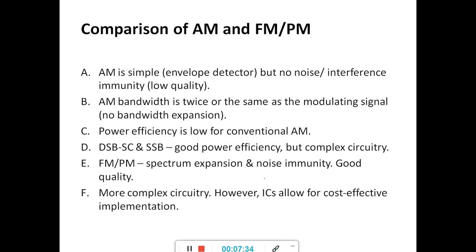In FM or PM, there is good spectrum expansion and noise immunity for the transmission, so it gives good quality of transmission. The signal received at the end point is good due to the noise immunity. The more complex circuits can be designed using ICs, which allows cost efficient implementation.